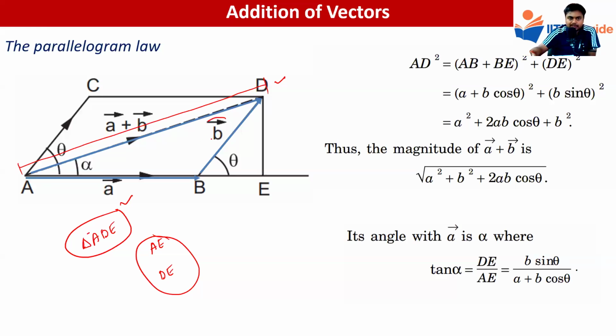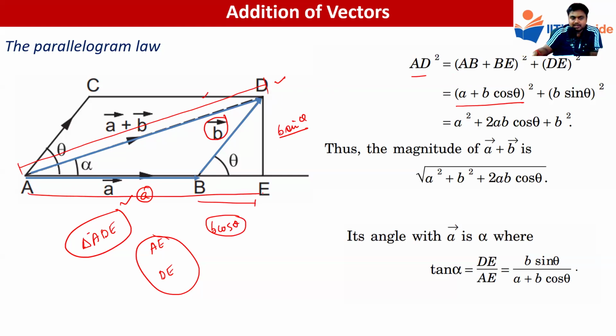Now, this B vector is resolved as B cos theta and B sin theta. So therefore, AD square, the hypotenuse square, we use the Pythagoras theorem, and we get A plus B cos theta, because this was A. So A plus B cos theta, this entire A square plus D square is going to be AD square, which is A vector plus B vector. So therefore, we add here plus B sin theta whole square. Is it clear? If yes, please raise your hand.